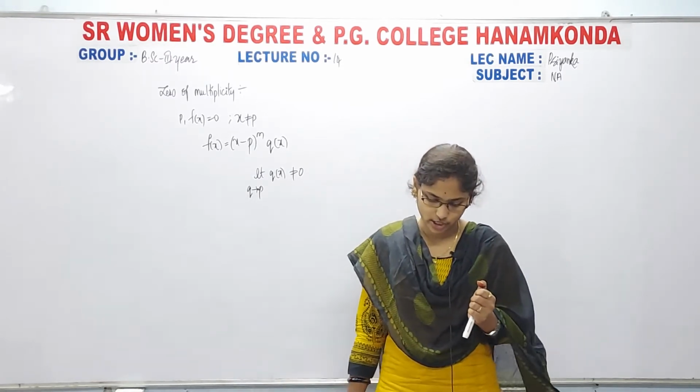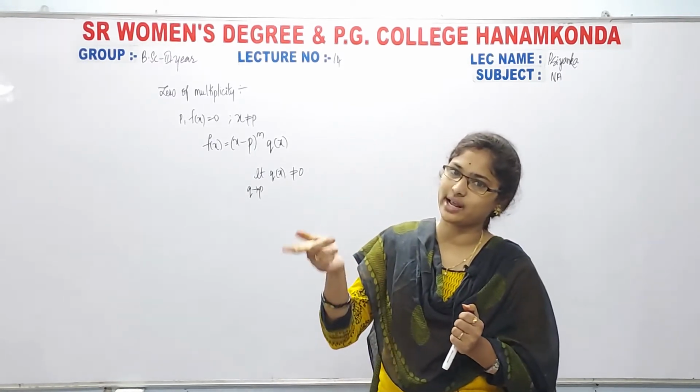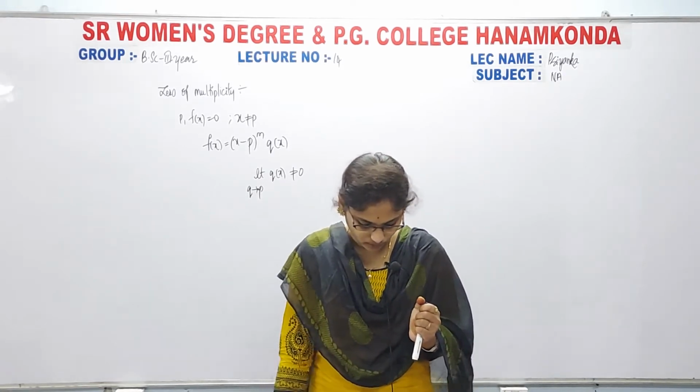So next here we have one theorem, we have to discuss that one. Write down my theorem statement. We have to discuss the theorem statement as well as a proof also. Write down.